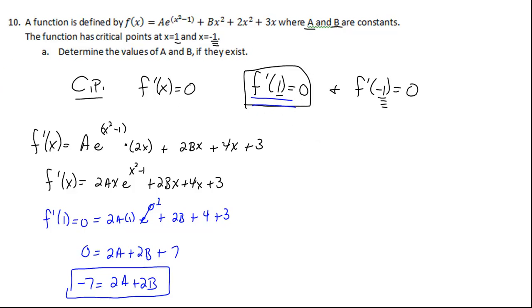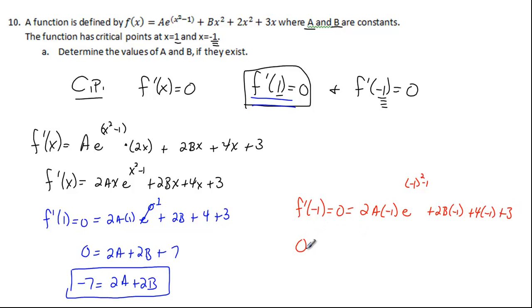Now we will go on to our second one. I'll do that in red. Now we're going to find f prime of negative 1, which also equals 0. Everywhere we see an x in f prime, we're going to plug in negative 1. So this will be 2 times a times negative 1 e to the, I'll write this one out, negative 1 squared minus 1, plus 2 times b times negative 1, plus 4 times negative 1, plus 3.